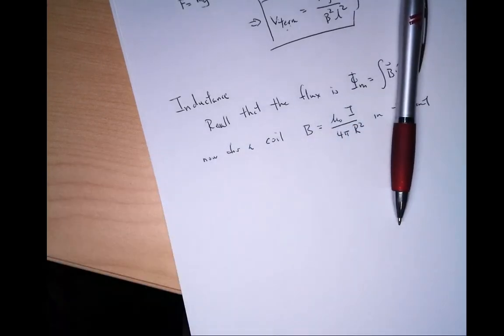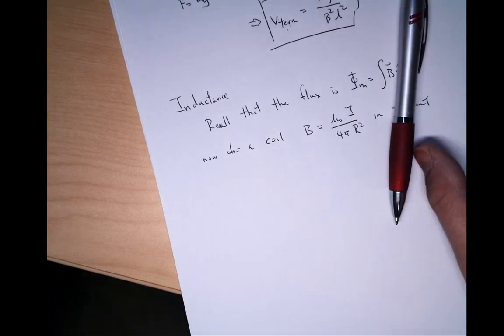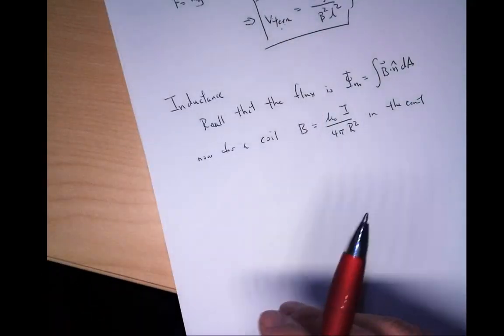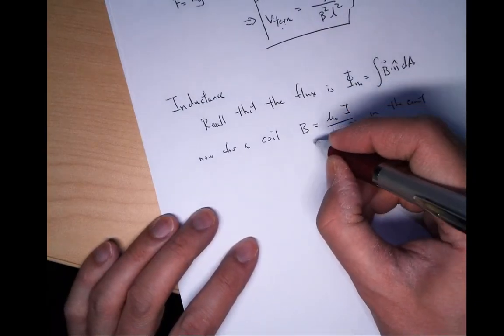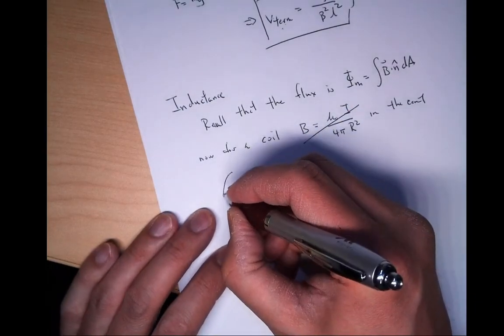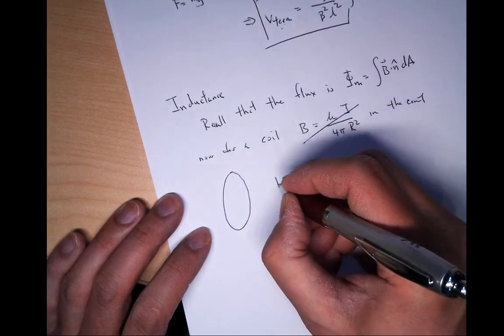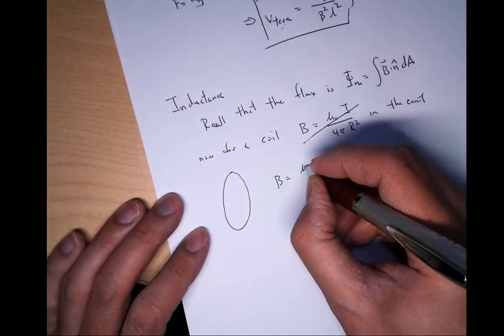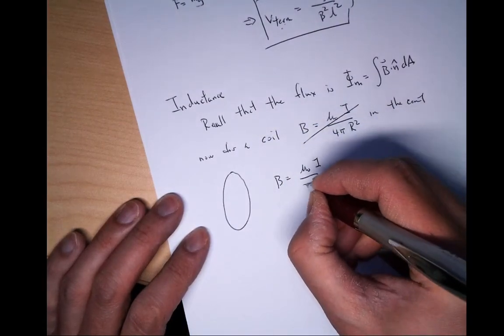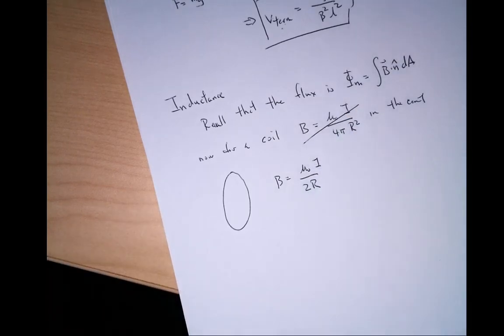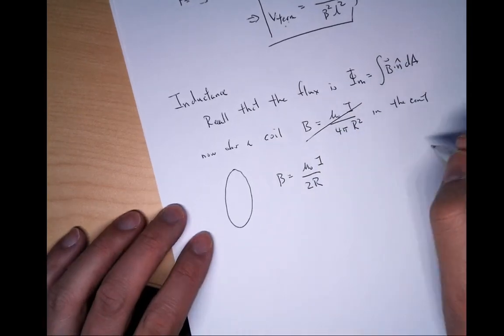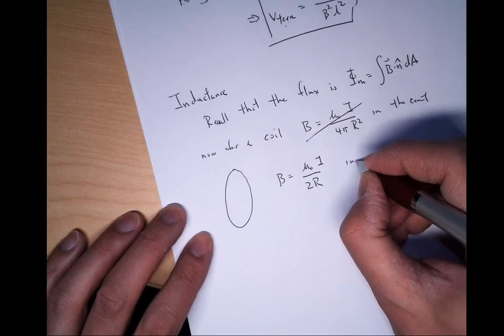I don't remember that. Let me check that. Okay, hold on, let me just correct. This is not right. So this is for a coil. A coil is like this. The B field is equal to mu 0 I over 2r in the center.